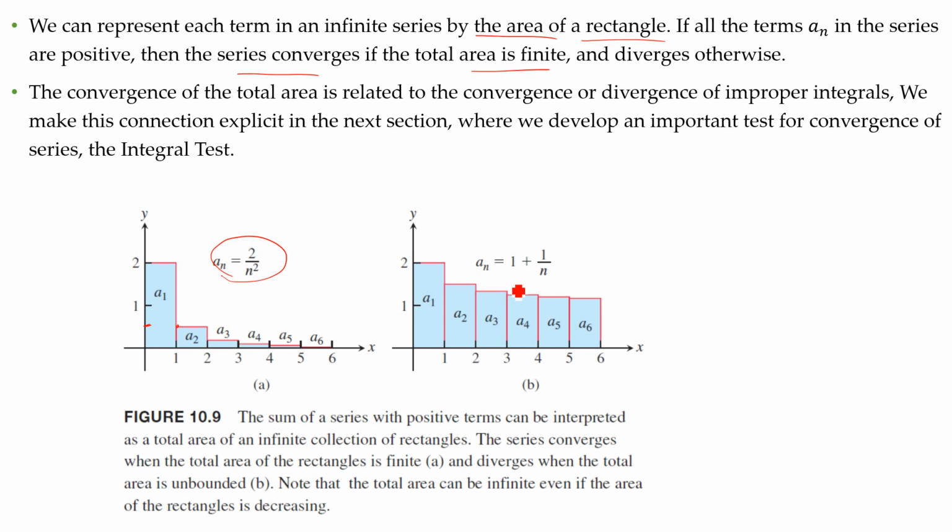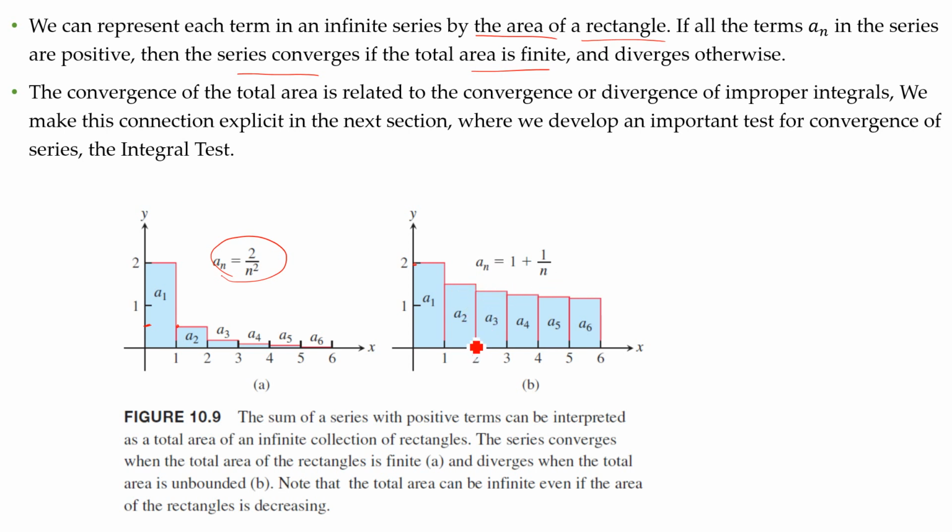In this other case, the first rectangle, when n is 1, has height 2, and when n is 2, the height is 1 plus 1 over 2.